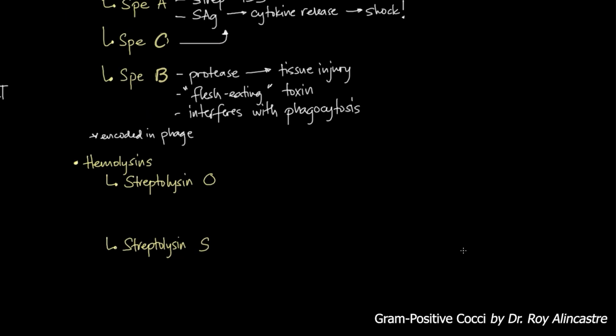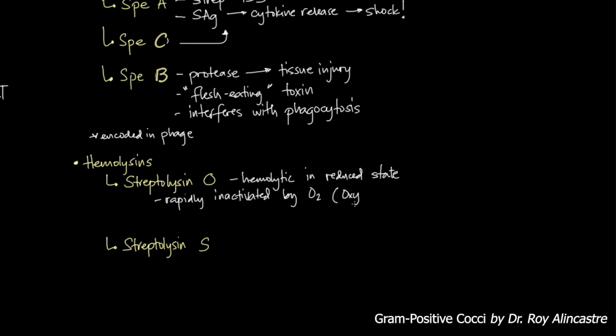So streptolysin O is hemolytically active in the reduced state, but it is rapidly inactivated by oxygen. So that's why I mentioned a little earlier that it is oxygen labile. This is responsible for some of the hemolysis that you will see when growth occurs in cuts that are deep into the agar in plates.